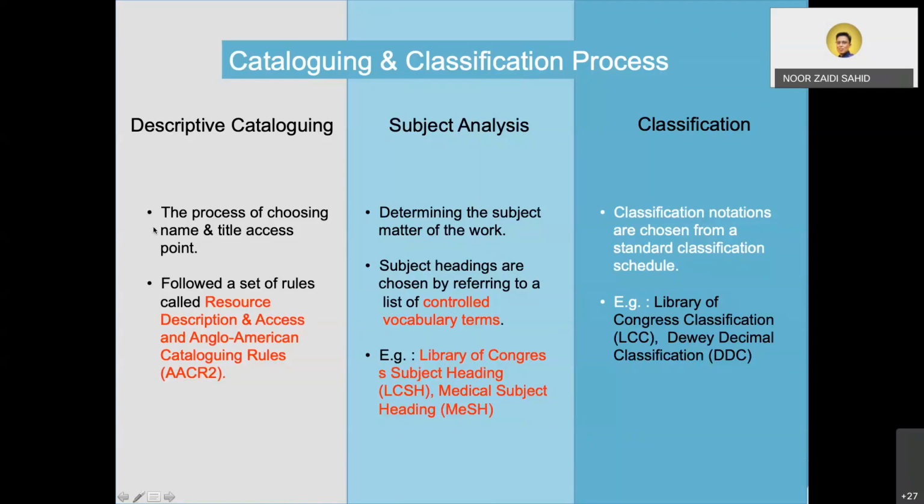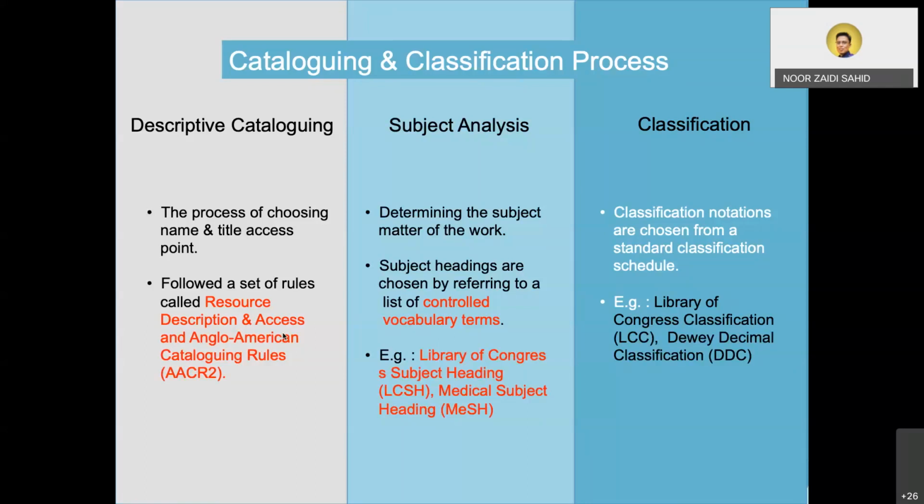RDA dia more adaptable and applicable for our electronic resource or electronic information nowadays. Kalau AACR ni dia lebih kepada conventional collection macam yang ada di physical library. Tapi sekarang library banyak menggunakan online databases, electronic informations, and RDA is the continuity of AACR but in different versions, produced by the same organizations.